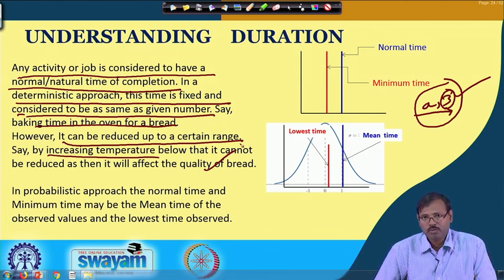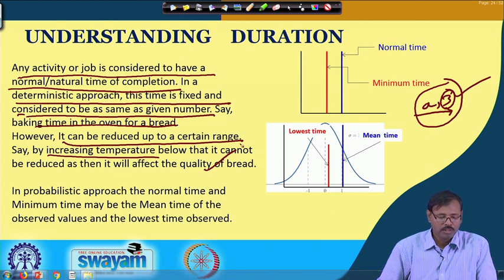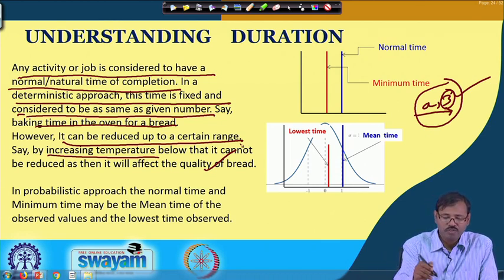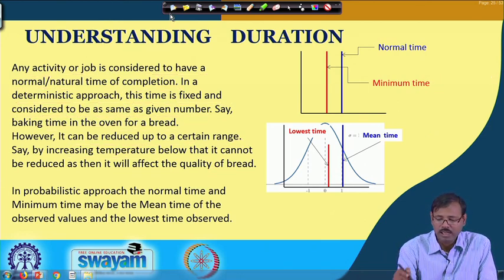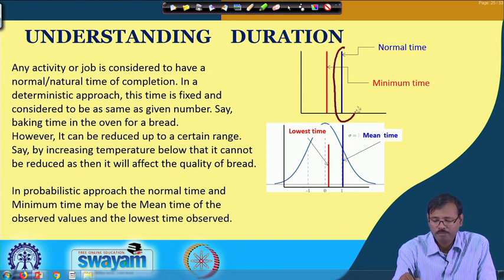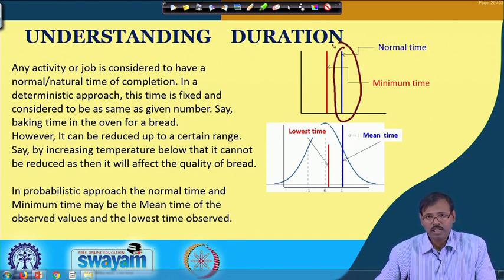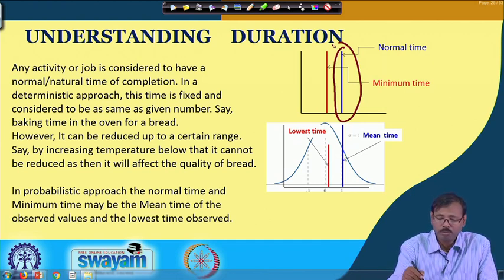We cannot place it in the oven, bake it for 5 minutes, and get bread. That is not possible, because a normal baking time must be given, then only it will become bread, otherwise there will be a severe effect on the quality of the bread. So, every activity has a normal time, that means the time we have placed for baking that cake or whichever it is, or there must be a minimum time up to which we can adjust.